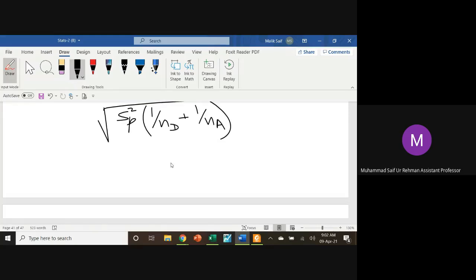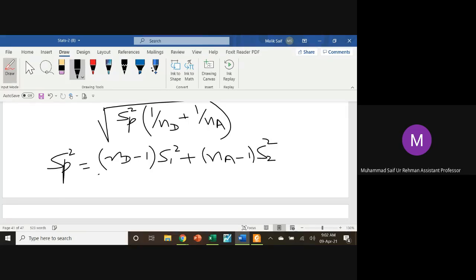And then definitely as SP square is unknown, so write down what is SP square. SP square is equal to (ND minus 1) S1 square plus (NA minus 1) S2 square, divided by the degree of freedom ND plus NA minus 2.